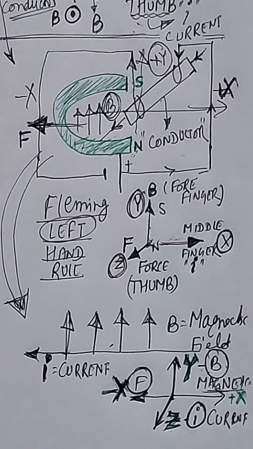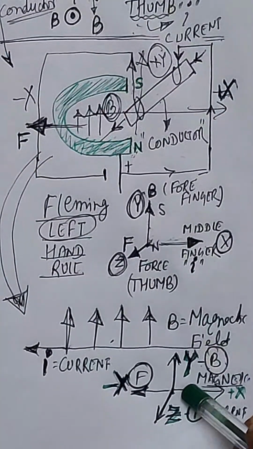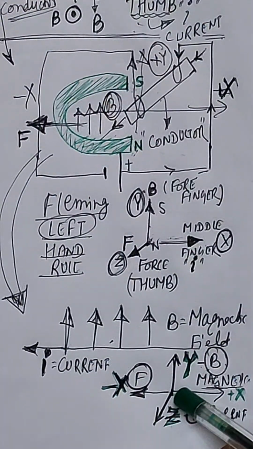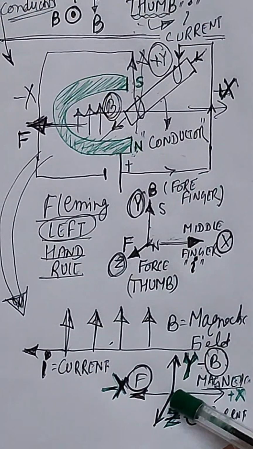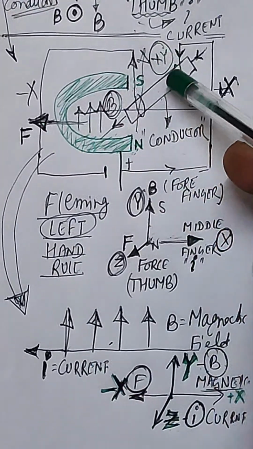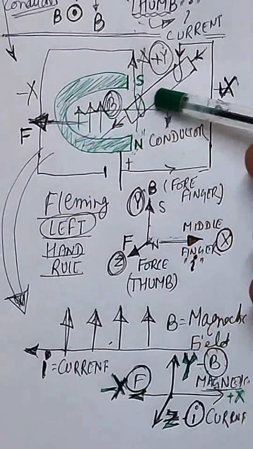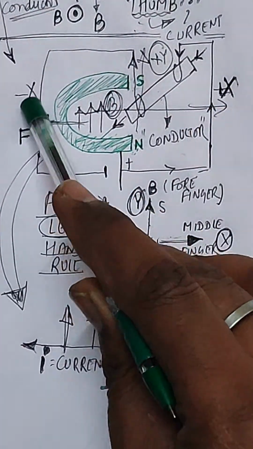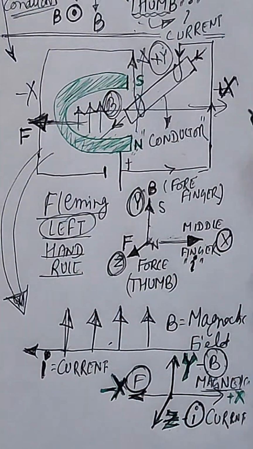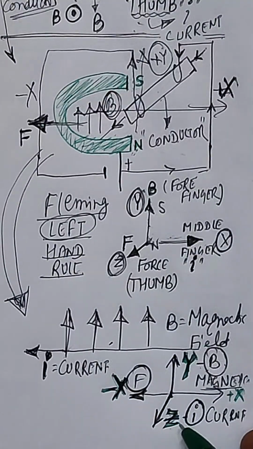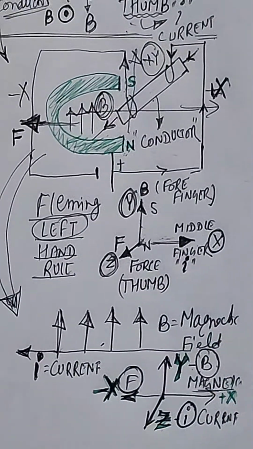So my dear friends, if this is the direction of the magnetic field and the current is coming out of the plane of the paper, then the force exerted on this conductor is towards the left, right? The force will be towards the negative x direction, right? So this is depicted only by application of Fleming's left hand rule.